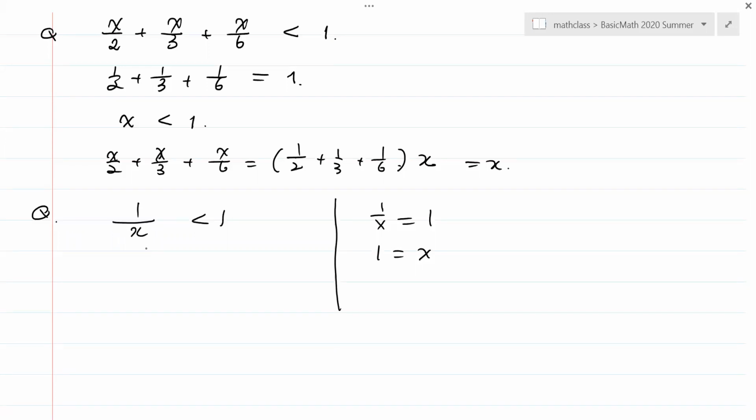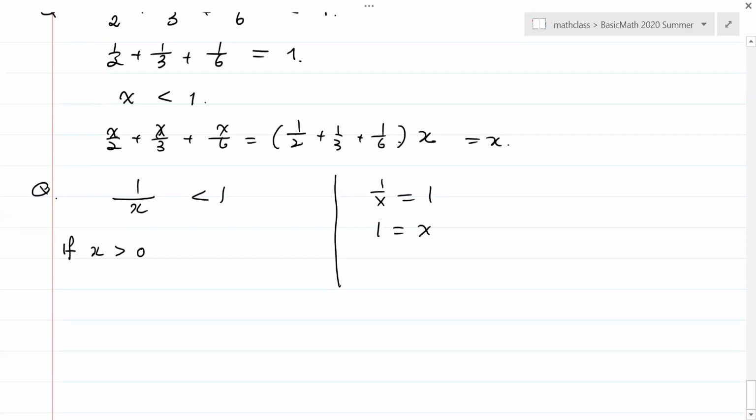You cannot multiply both sides by x because you don't know the sign of x at the very beginning. But we can assume x is positive. If x is positive, then you can multiply both sides by x, and you don't need to change the inequality.